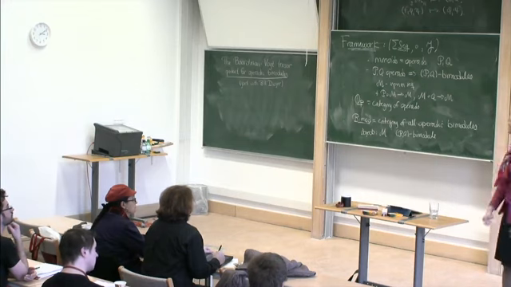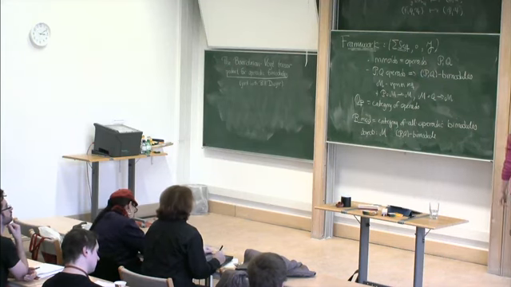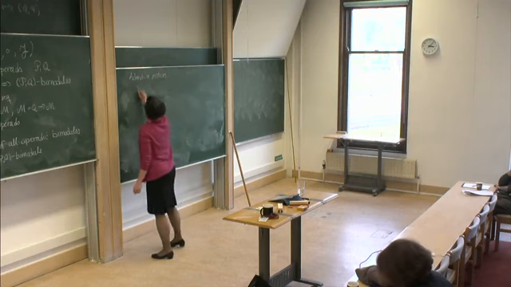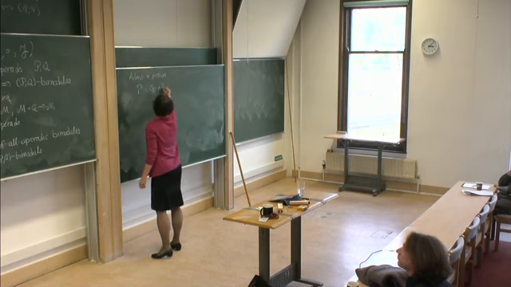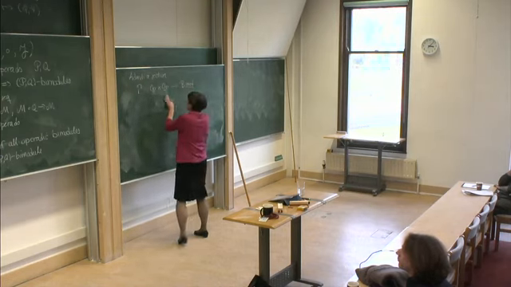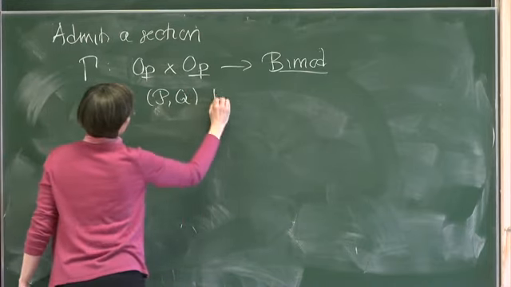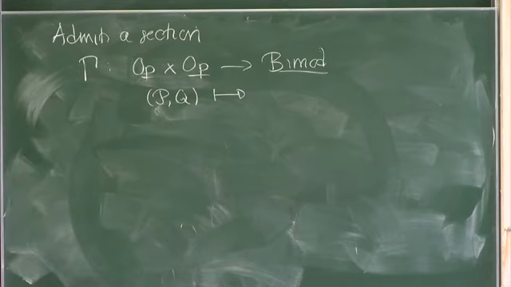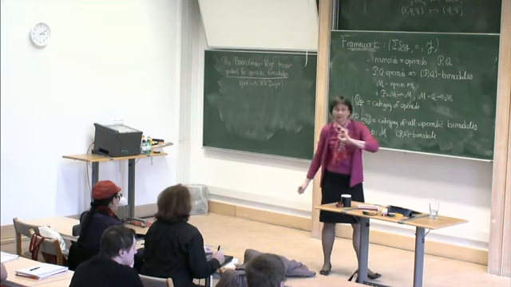And there's also, this thing has a section. It's called gamma. So from op cross op to bimod, it's just going to take a pair of operads and send it to the free PQ bimodule on a symmetric sequence that just has one generator in arity 1.